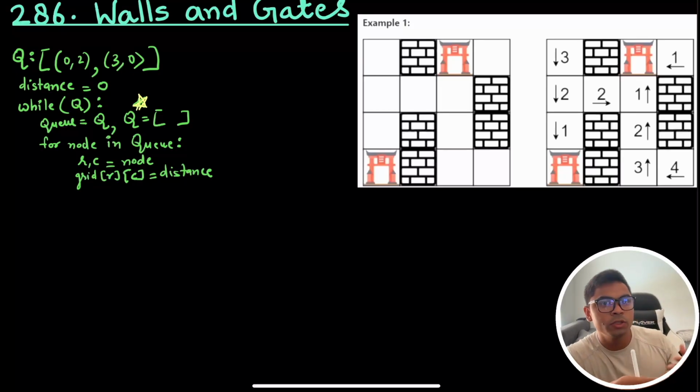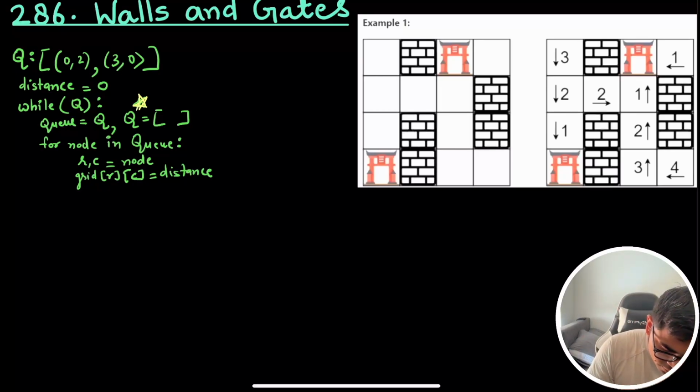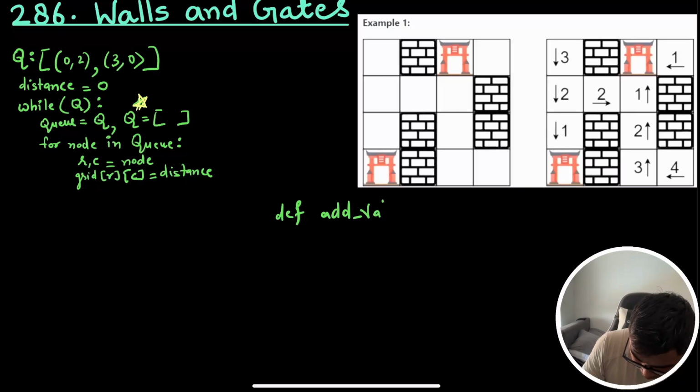Those are going to be left, right, top, and bottom. Let's call the helper function add valid cell, taking R and C.